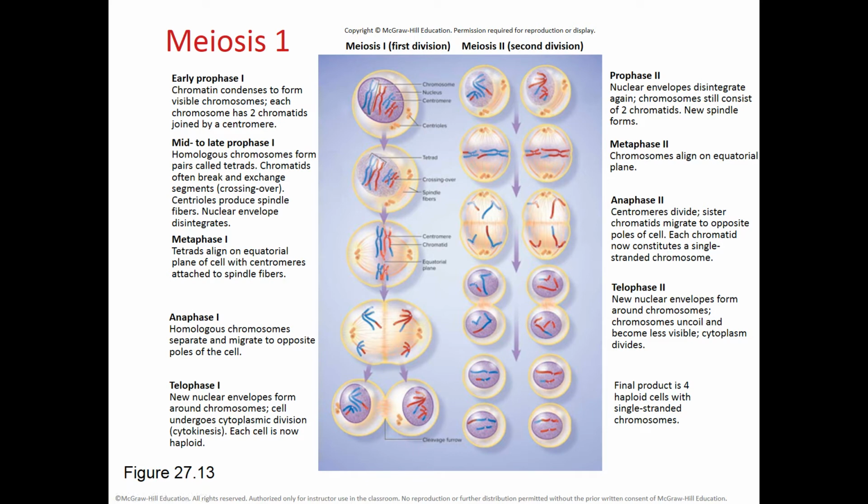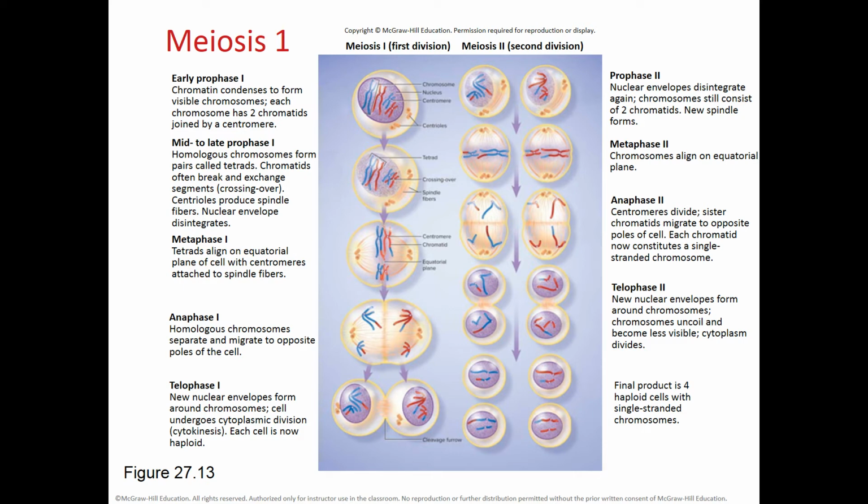Okay, so production of gametes in both males and females happens through this special process of cell division that is called meiosis. So you have two meiosis steps, which is meiosis 1 or first division, and meiosis 2 or second division.